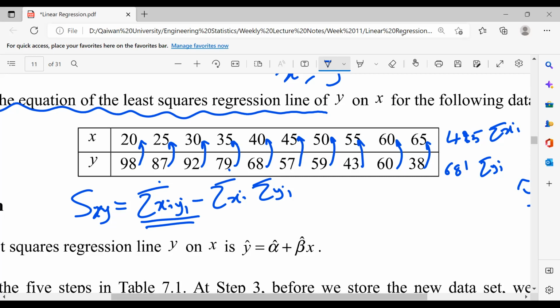Then we find the sum of them, of the multiplications. Let's say we get a number.